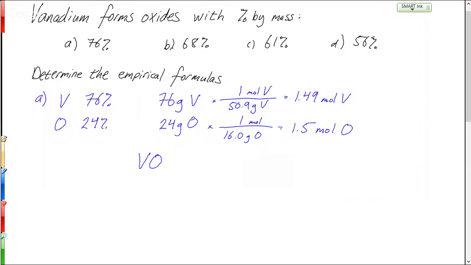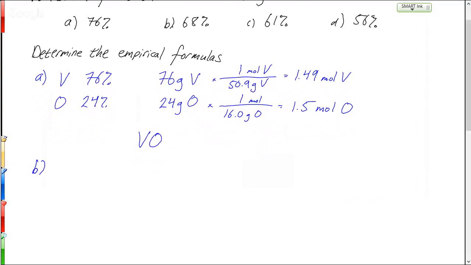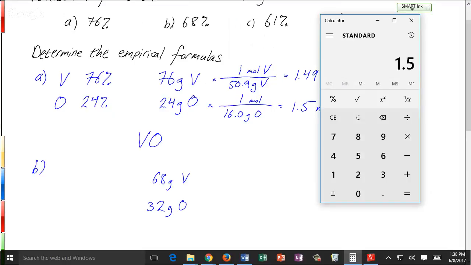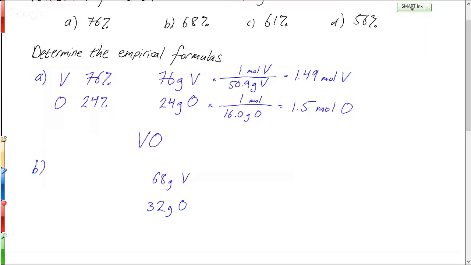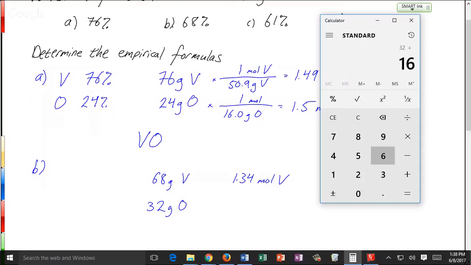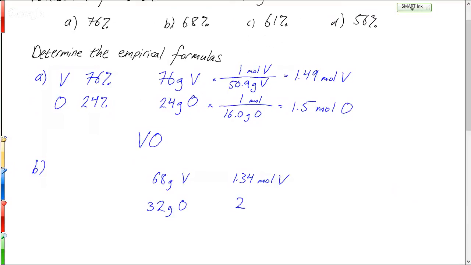We do that for the next one. It'll be 68 and 32. Same procedure. So I'll just calculate the moles. Once again, 68 divided by 50.9 is 1.34. And 32 divided by 16 is 2.